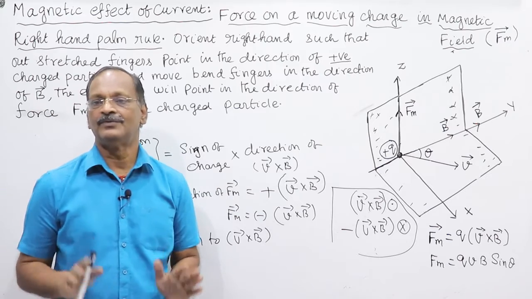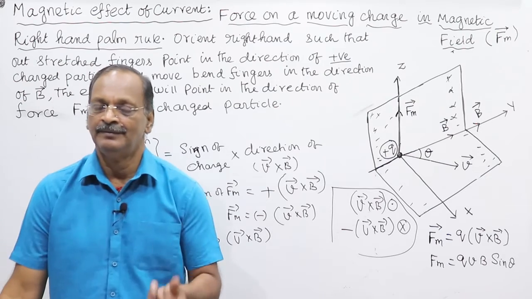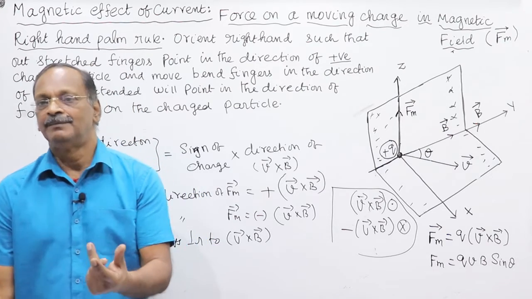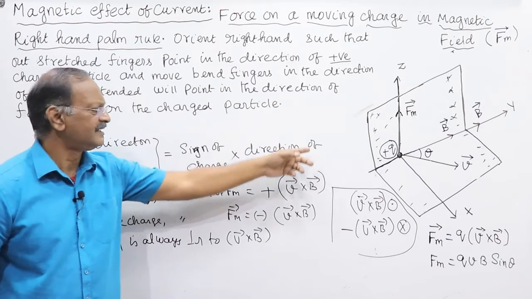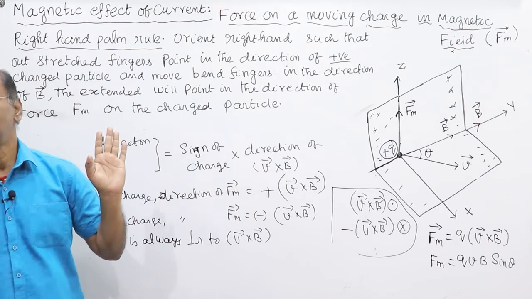So for negative charge, the only thing we do is put the sign and multiply it with the same direction of V cross B, that's all, nothing else.